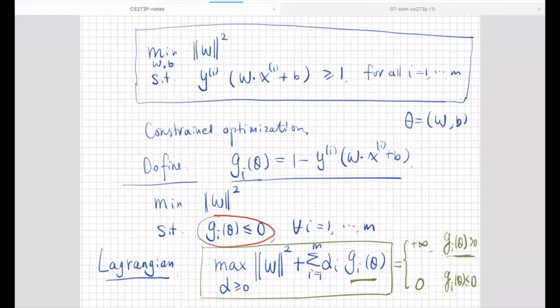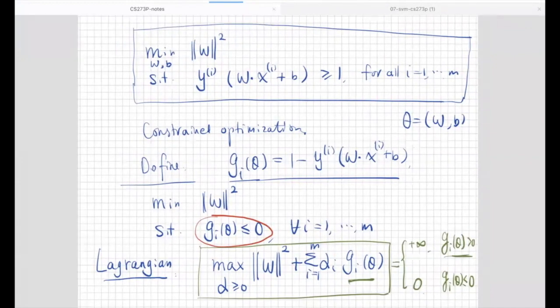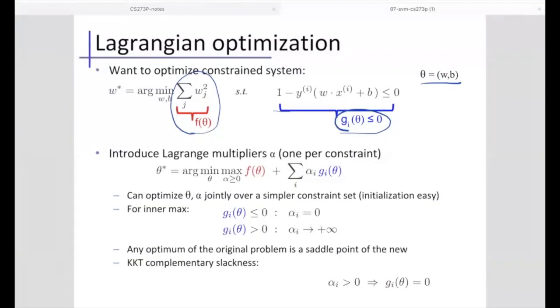But now let's combine these two. Suppose now I want to go back to this slide. I want to maximize over alpha, and at the same time minimize with respect to the parameters W and V. So I'm going to minimize with respect to W, but maximize with respect to alpha.